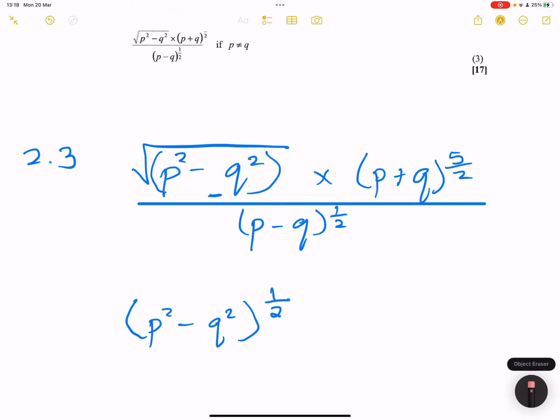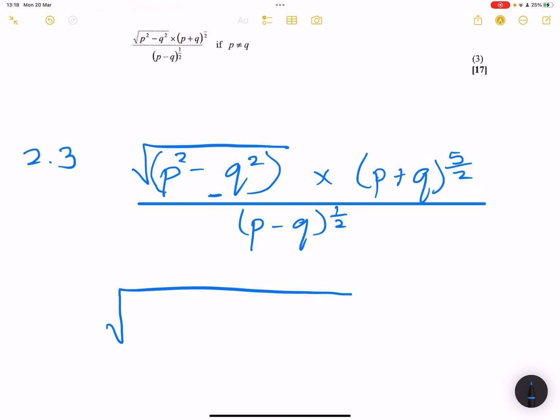In fact, I can see this is the difference of two squares, ladies and gents. Can you see that? So let me try and factorize it first, and say this is actually p plus q, p minus q, all of that under the square root, multiplied by p plus q.